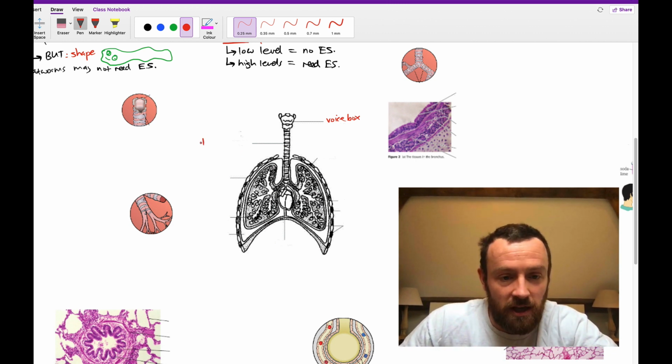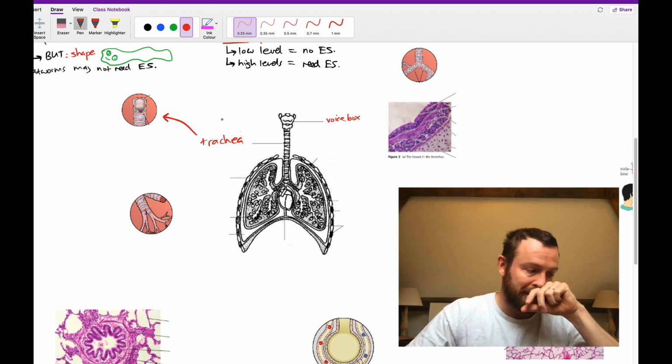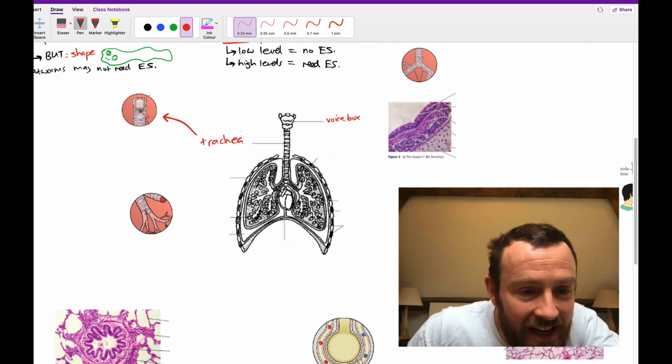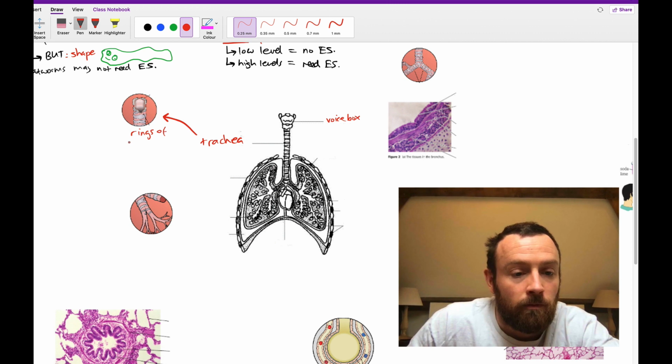So this is the trachea, and here's a little zoomed in version of it. The trachea contains rings of cartilage to support it.